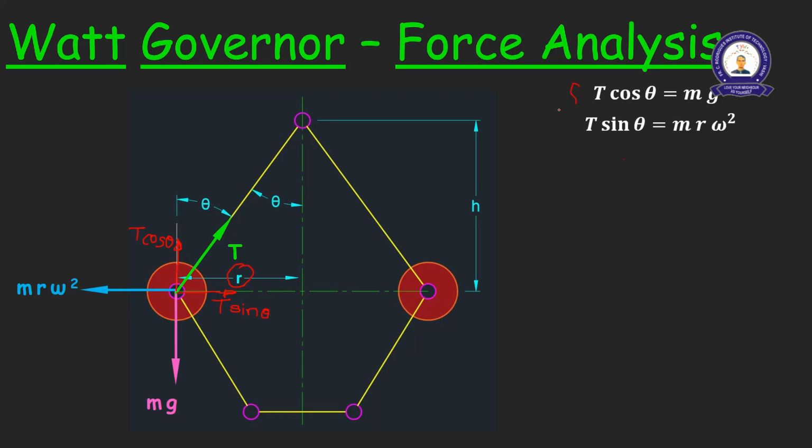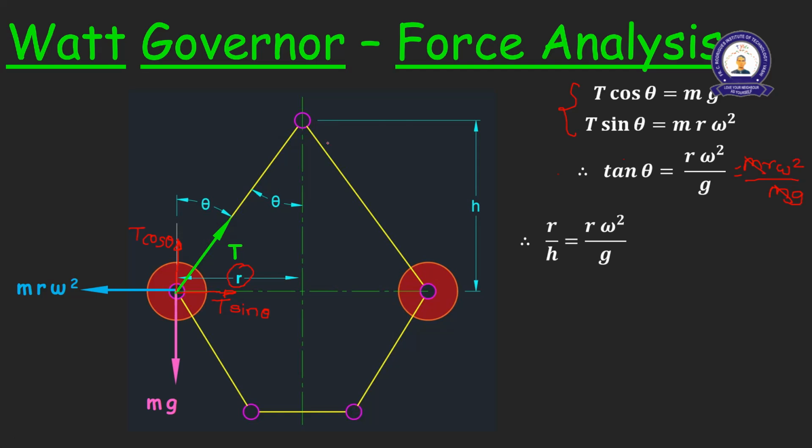Next, if I divide these two equations, tan theta is equal to m r omega square by mg, and m cancels out. So tan theta is r omega square by g.